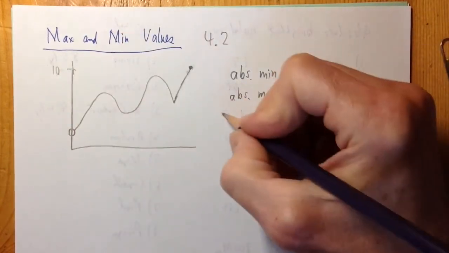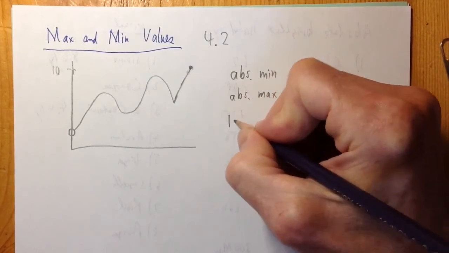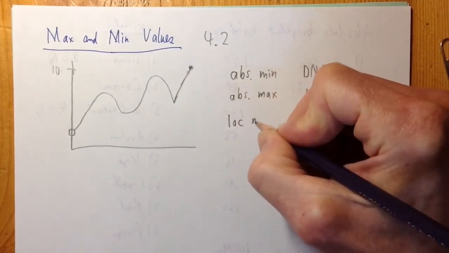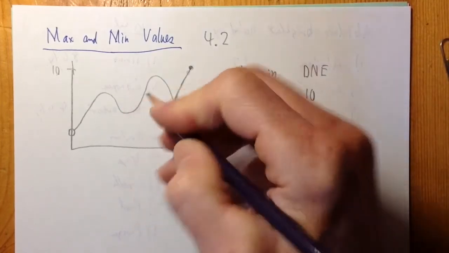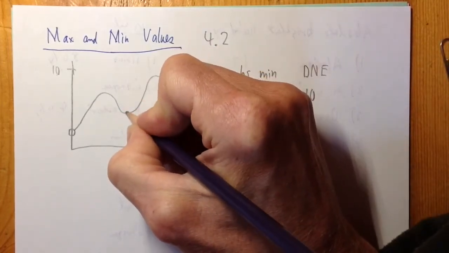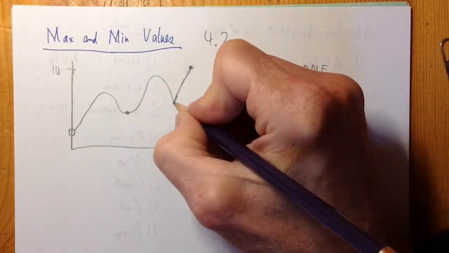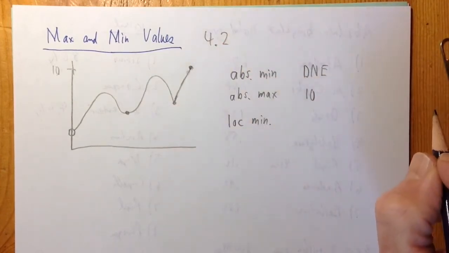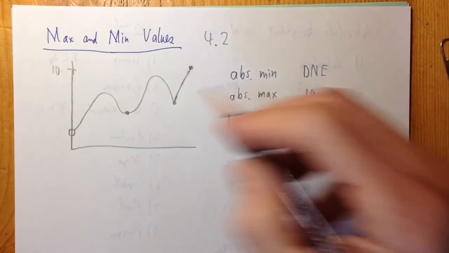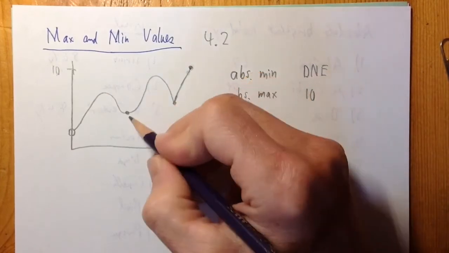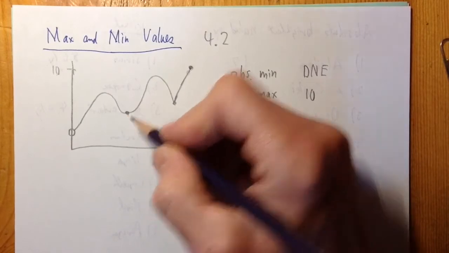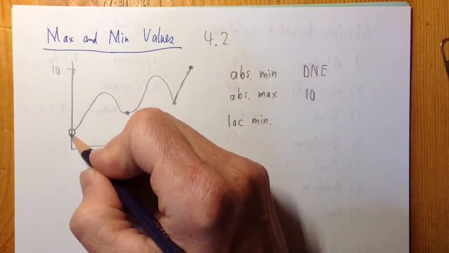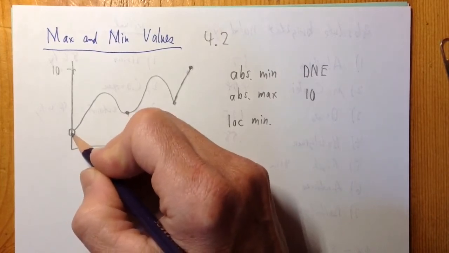Okay, then there are local minimums, which means it's the smallest on both sides. So maybe looks like there's one right there and one right there. This is a local minimum because it's the smallest on both sides. If this was a closed circle, it would not be a local minimum because it's only the smallest on one side. It doesn't go further.